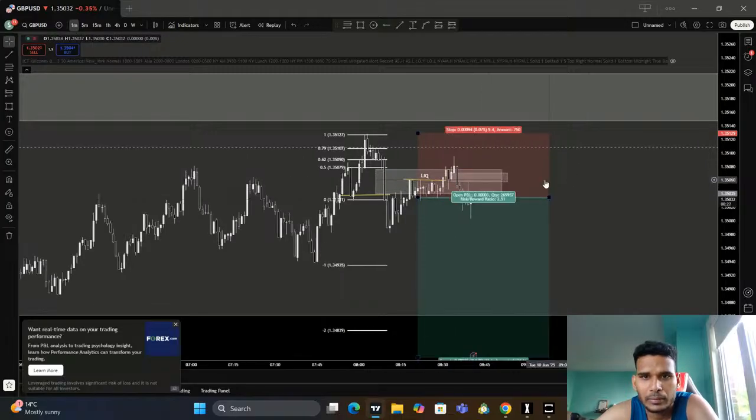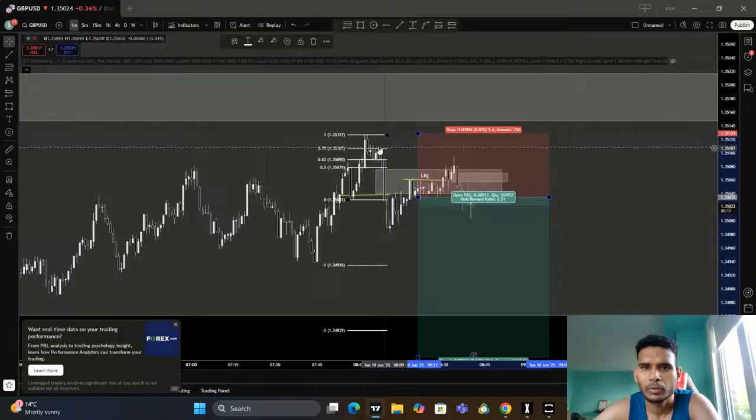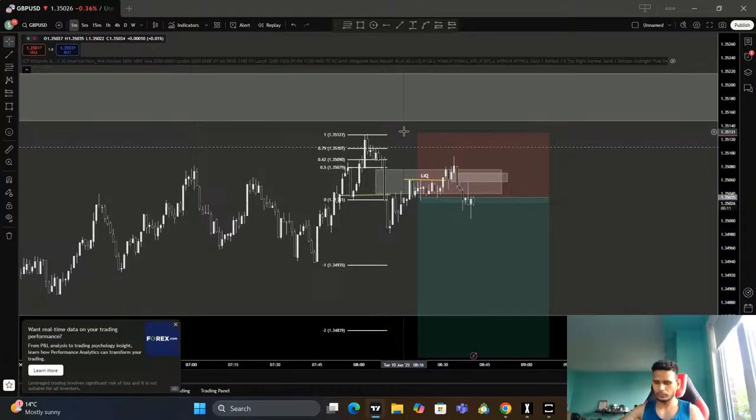So I don't like to see the price close above this range, so I just keep the stop there first. 1.35098. Most of my stop losses are going to be here. Only one stop is going to remain at this place. I'm technically moving my stop to this point for all my entries. That's what I can do, what I need to do, what I should do.